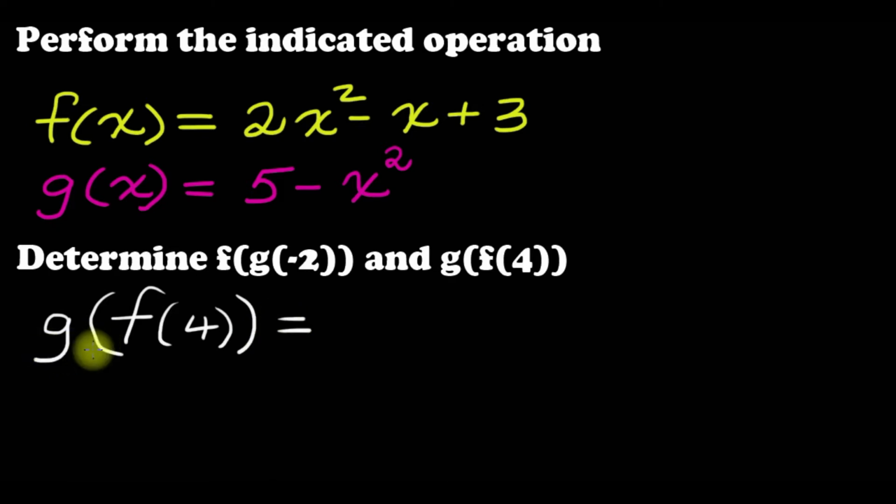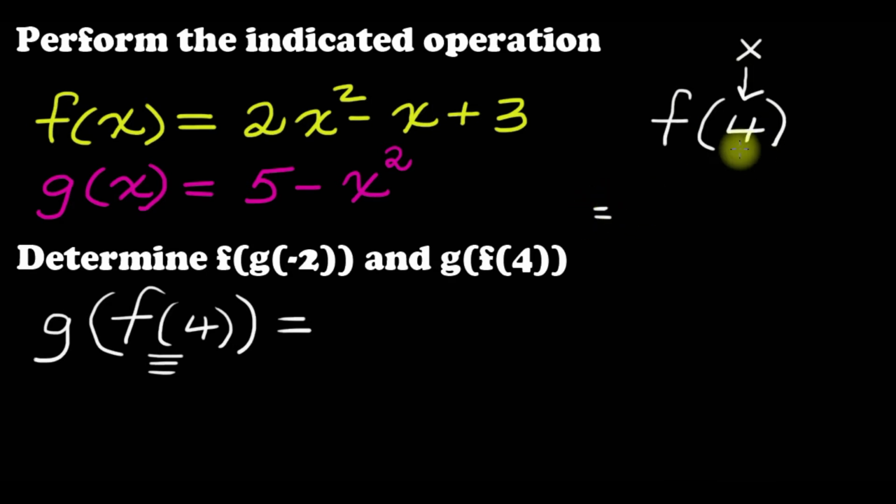Okay, so to find this, first thing we have to do is find what f of 4 is, and then take g of that number. So over here, we're going to find f of 4. So again, think of it as f of x. Therefore, that's going to be your x. So the 4 is going to be your x.